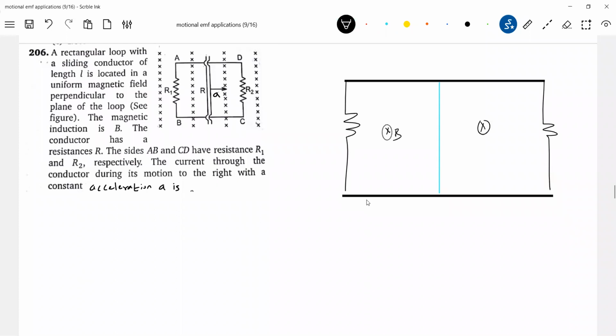B is into the plane, and this is moved with a constant acceleration a. Just now we discussed how the current here will be I1, this will be I2, and the resultant current will be I. And this moving rod we can replace with a cell.